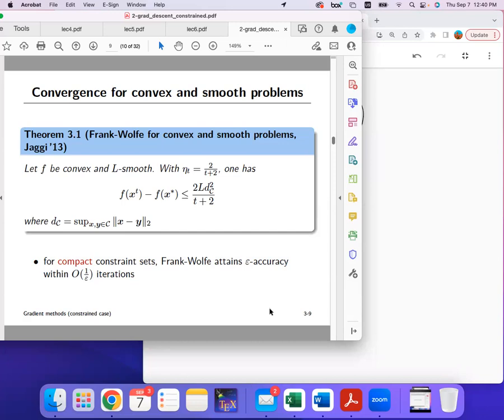But there we don't have constraints; it is an unconstrained convex and smooth problem. Here it is a constrained convex and smooth problem. And you can see that even with constraints, the iteration complexity is the same as gradient descent for unconstrained problems.